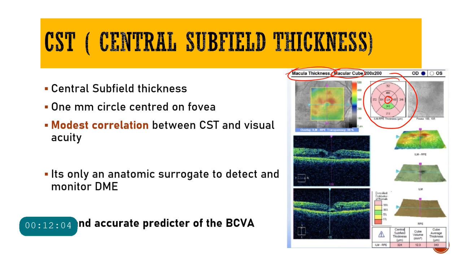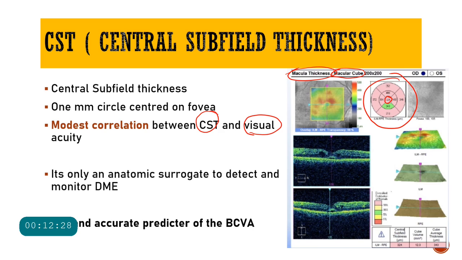That central subfield thickness has a very modest correlation between the CST and visual acuity. So what I mean to say is that it need not be that if the patient is having more thickness in the central 1 mm circle, it means poor visual acuity. So there has not been very good correlation between CST and visual acuity.